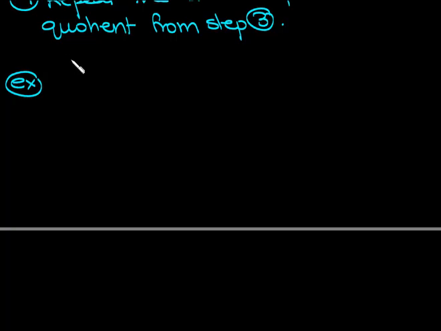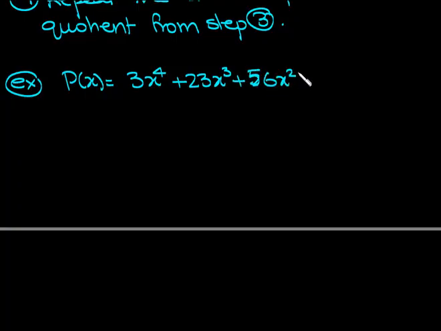Let's say p of x is 3x to the 4th plus 23x cubed plus 56x squared plus 52x plus 16.